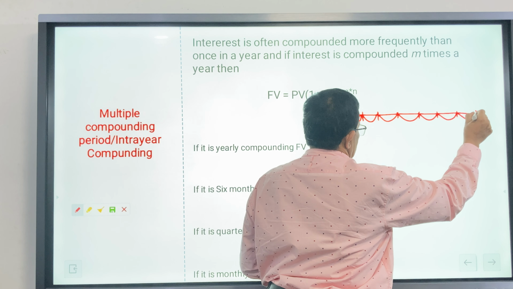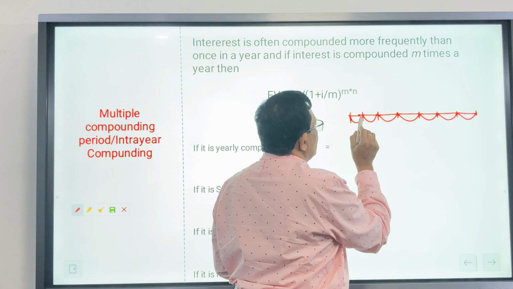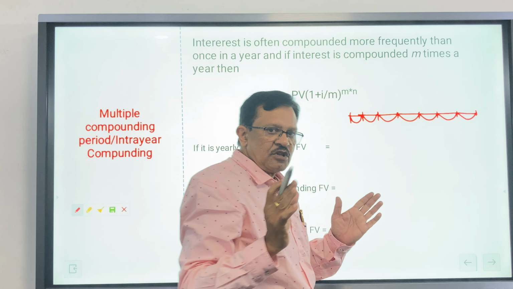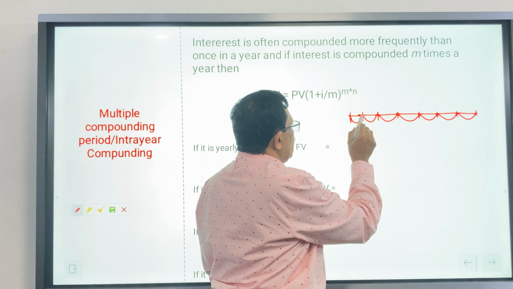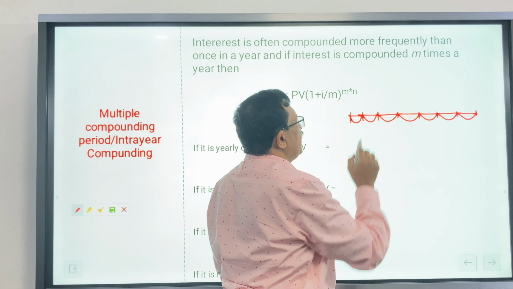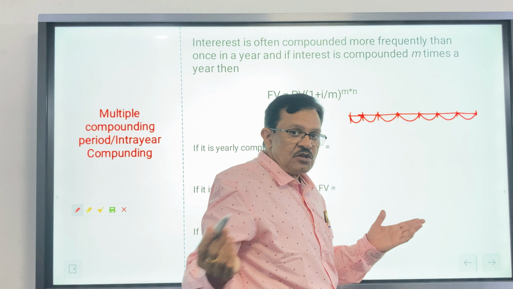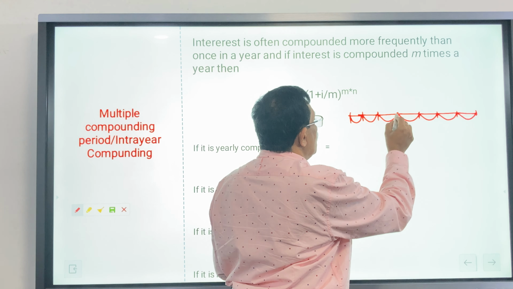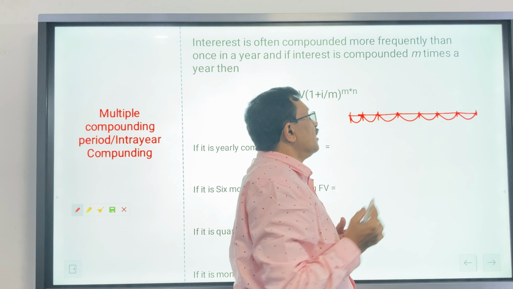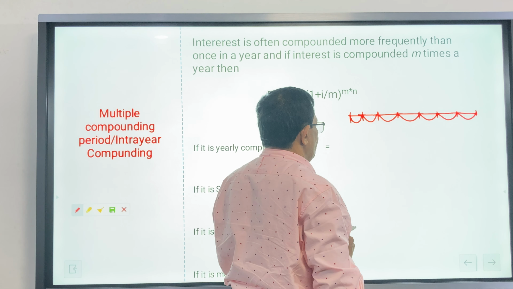That is, we are going to calculate the interest from here to here, add on to the principal. Then, for this particular principal, I am going to calculate again the interest. And again one more principal is going to come. And I am going to add another interest for this particular thing. This is the concept of compounding.